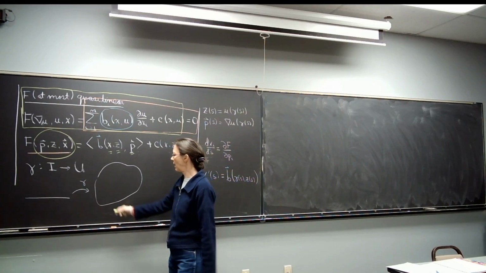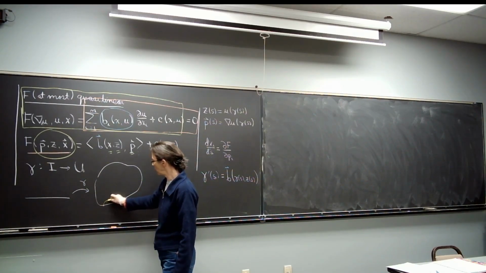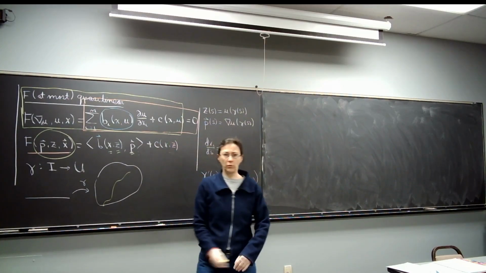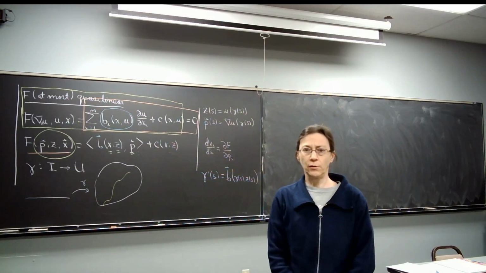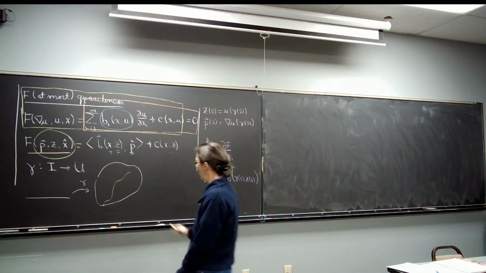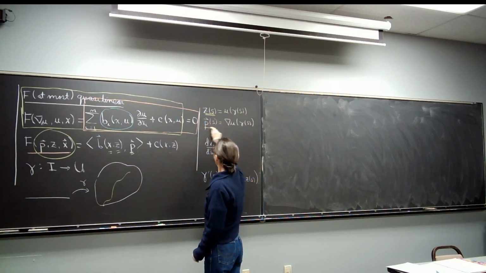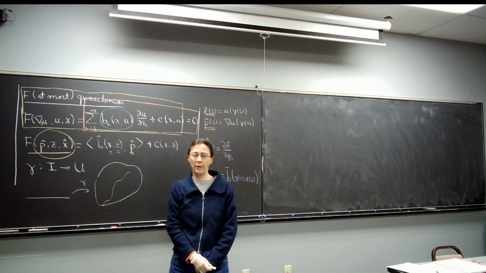Now you remember the method. You want to identify special curves. These curves are adapted to the geometry of the problem. And then along those curves, z and p will be functions.